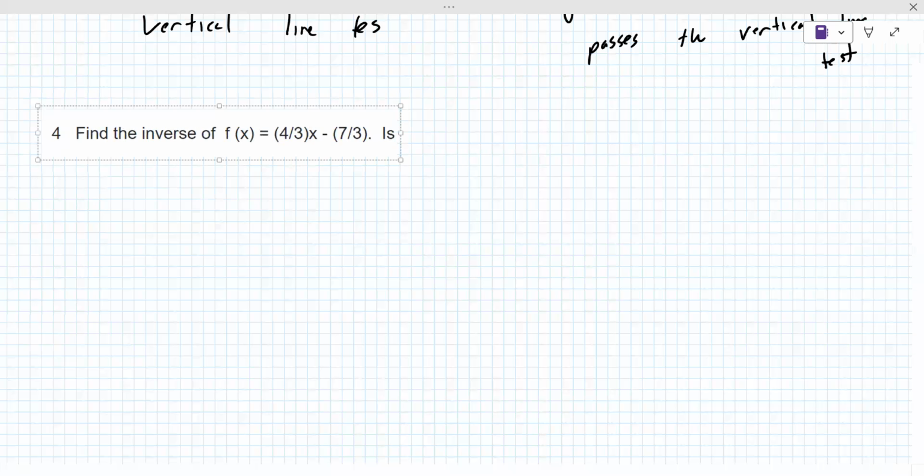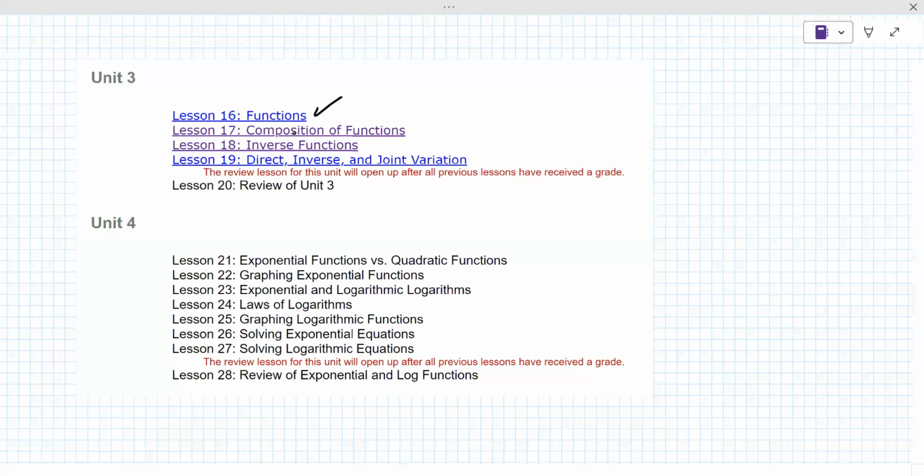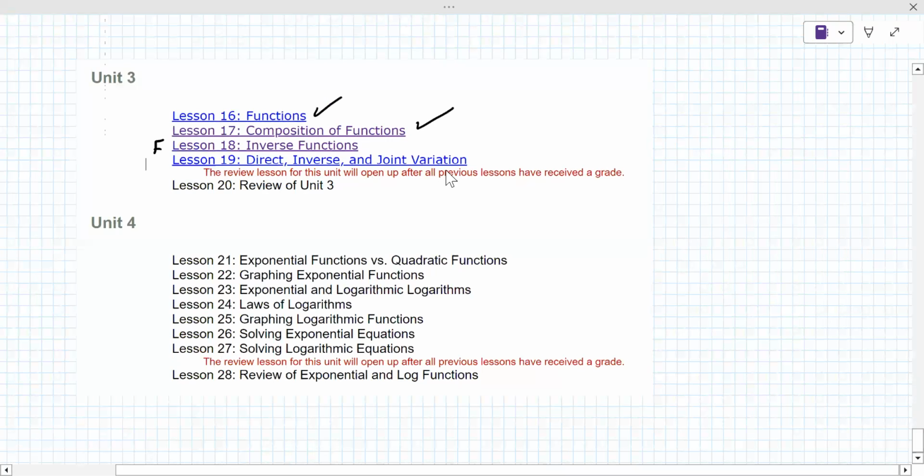One other thing I wanted to do here with you is go over the schedule. We've done functions and we're working on inverses now. We're on lesson 18. Tomorrow we're going to finish that, but it says that this lesson will open up after the previous lessons have received a grade. So is 19 going to open up tomorrow, or are you going to have to submit and wait for it to open?